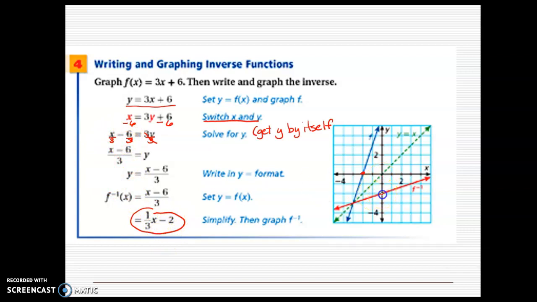So you have minus 2 right here, just like we did on Desmos, up 1 over 3. Okay, and I went down 1 and over 3 to keep it in line. That would make it. Okay? Make sure you can do that.